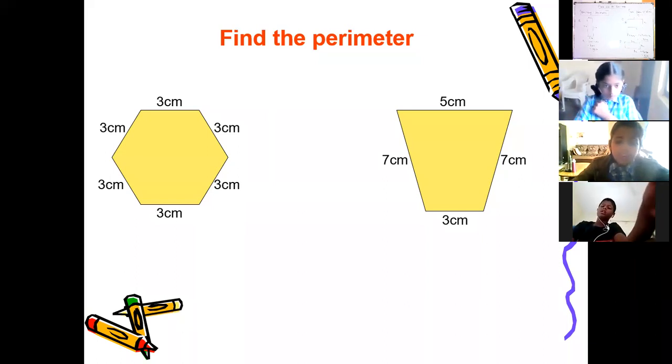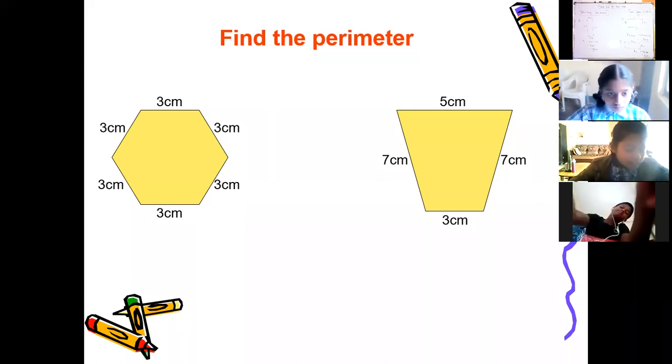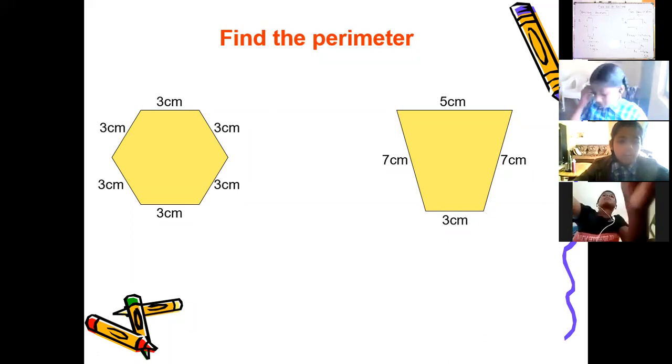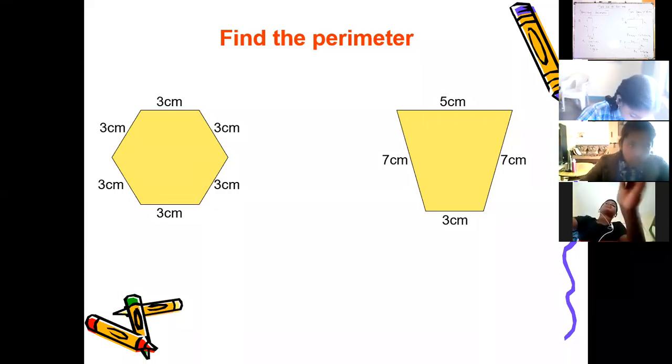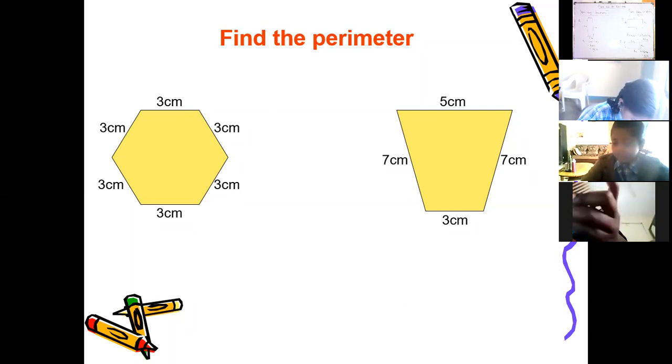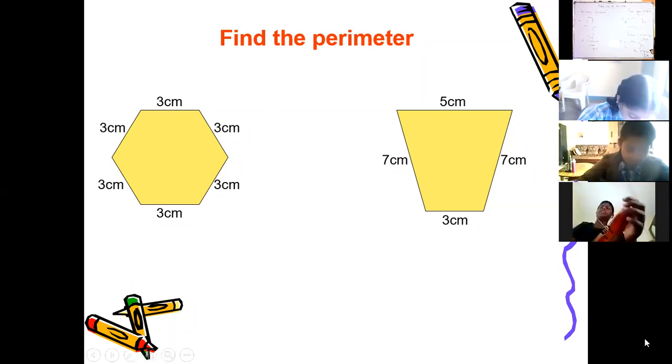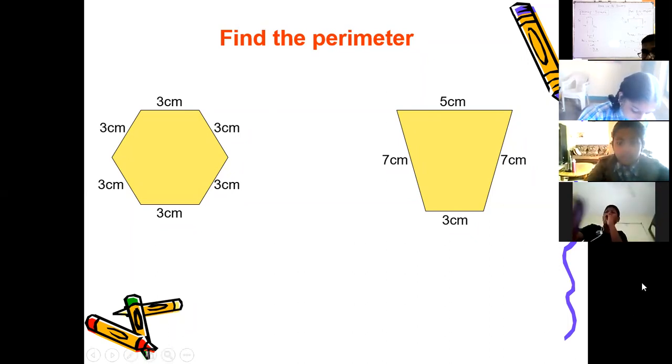Sir, the perimeter of the first shape is 18. Yes. You have to add all the sides. Draw the rough diagram and add it. The second one is 22 centimeters, sir.